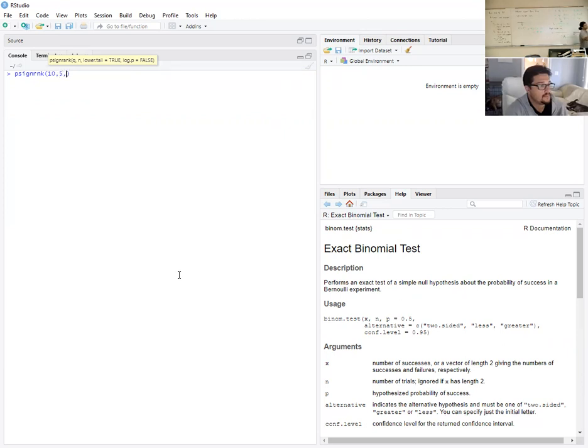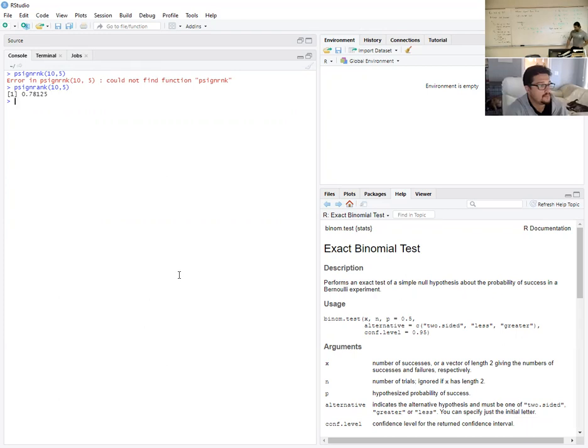By default, the lower tail is true. In other words, it is going to give you the probability below 10. So I'll just leave it as is. It gives me 0.78125. So 78.125% lies below 10. Does that make sense?